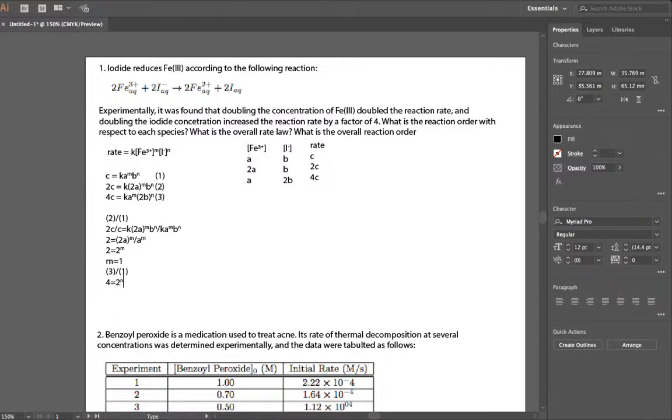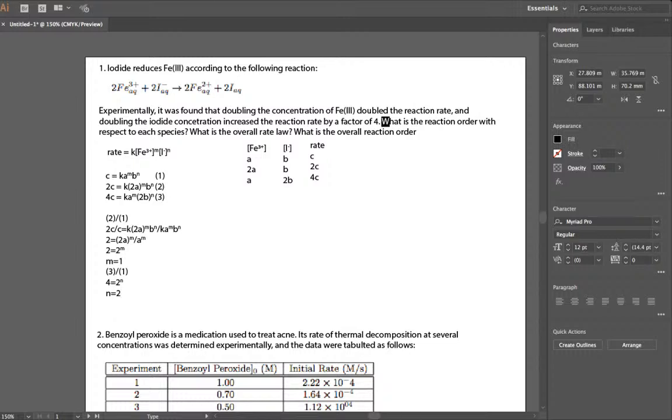What you'll get is N equals 2. And so that's basically the solution for our first question.